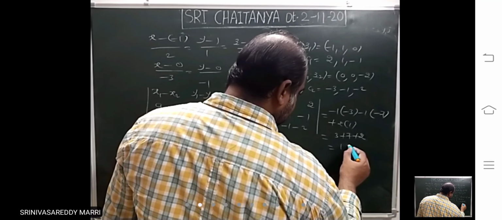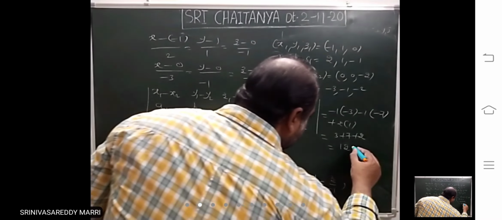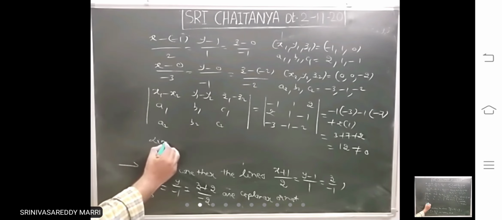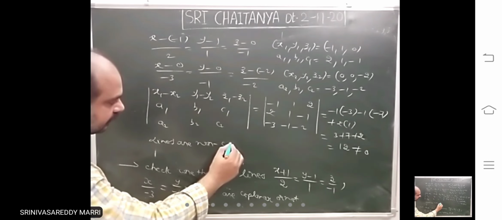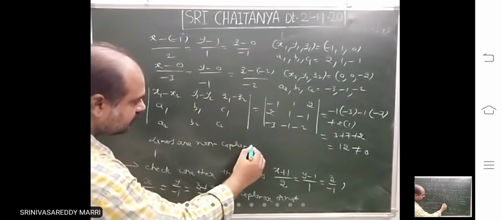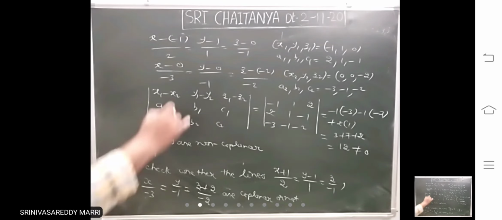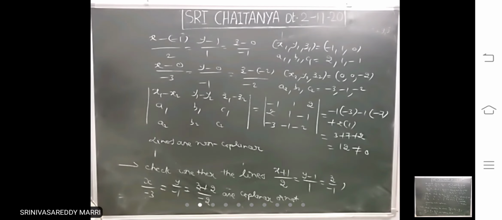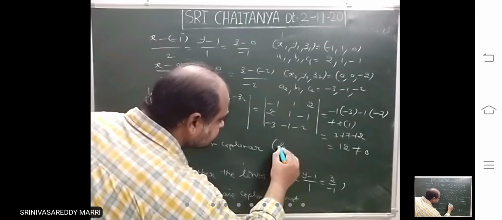So this is 12. Therefore this is not equal to 0. This is not equal to 0 means what? Lines are non-coplanar. That means these two lines will not lie in one plane. They are non-coplanar lines. They are also called skew lines.